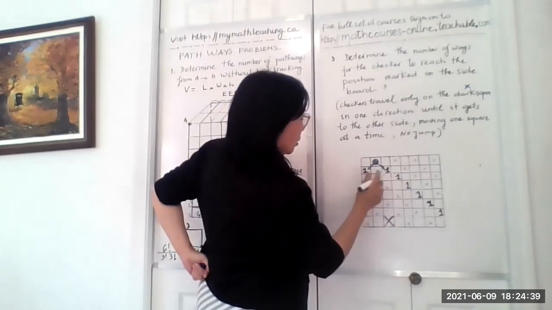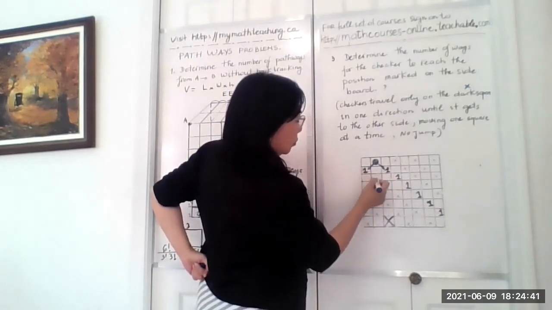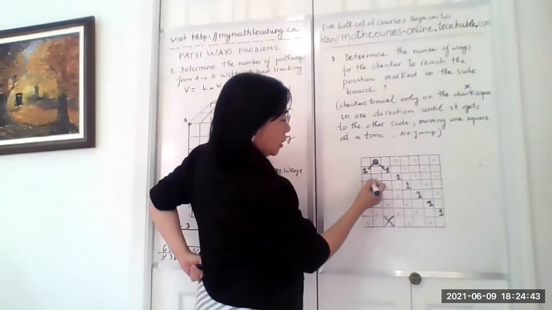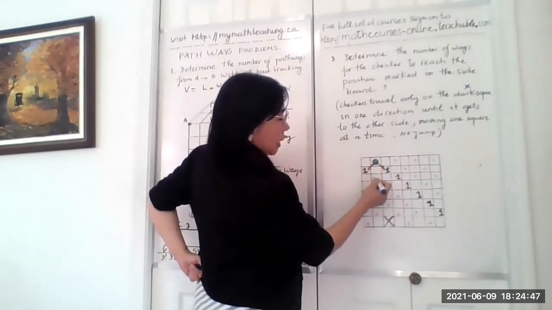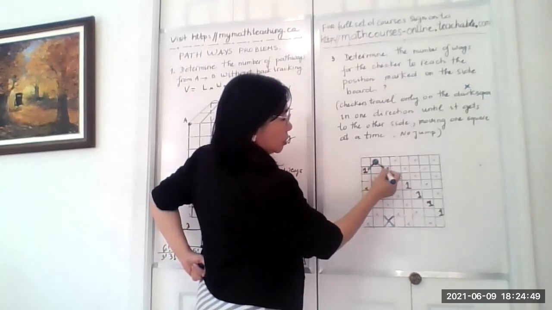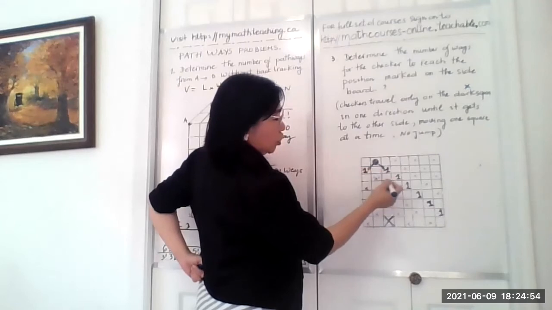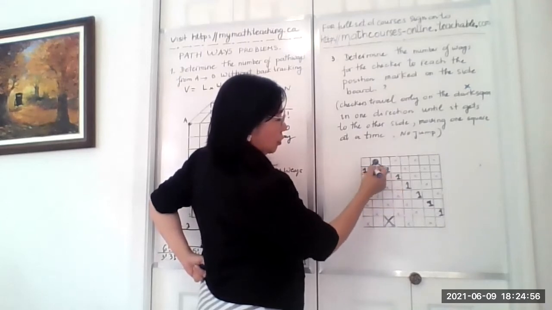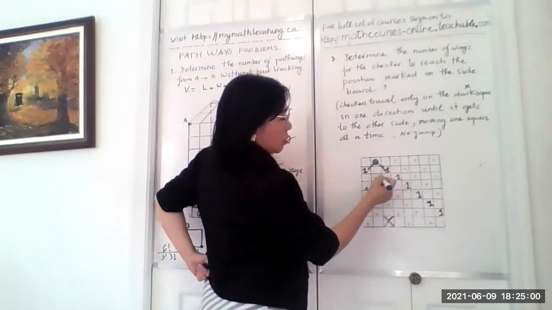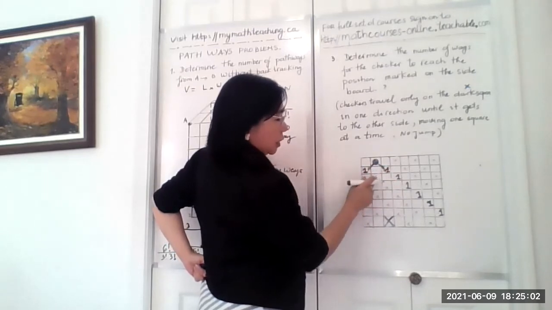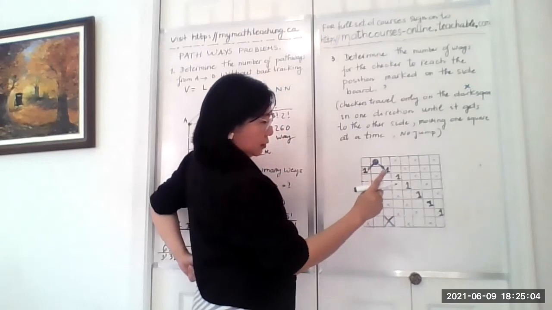So let's say in order to get from here to here, how many ways can he do it? He can either go this way and get down here, or he can go this way and get down here. It's still one direction, right? It's not jumping and it's not 2 directions. So either he goes this way and gets here, or he goes this way and gets here, and it still satisfies the condition.